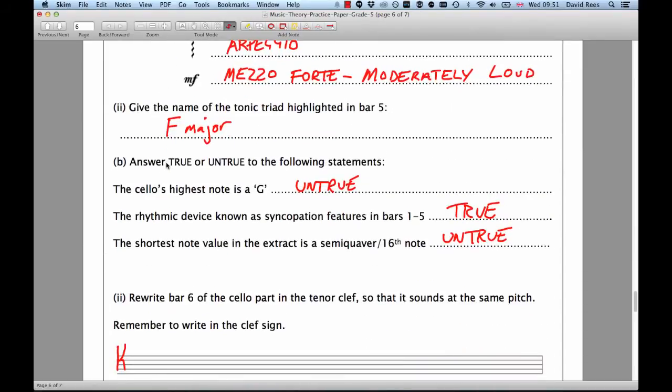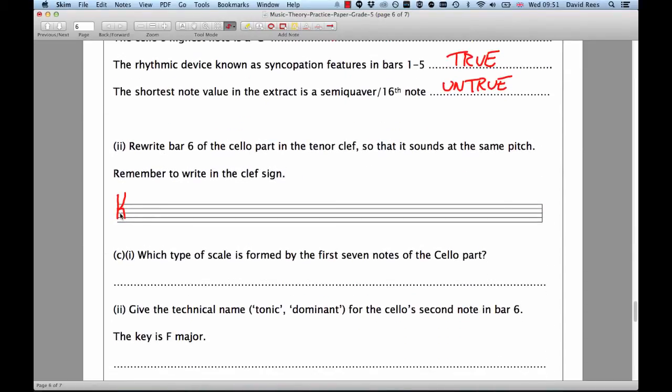So we need to add in a B flat, and on this particular clef, because the fourth line up is C, B flat is going to be a flat sign just underneath the fourth line in the third space up on the clef, because the note underneath C is going to be B flat.